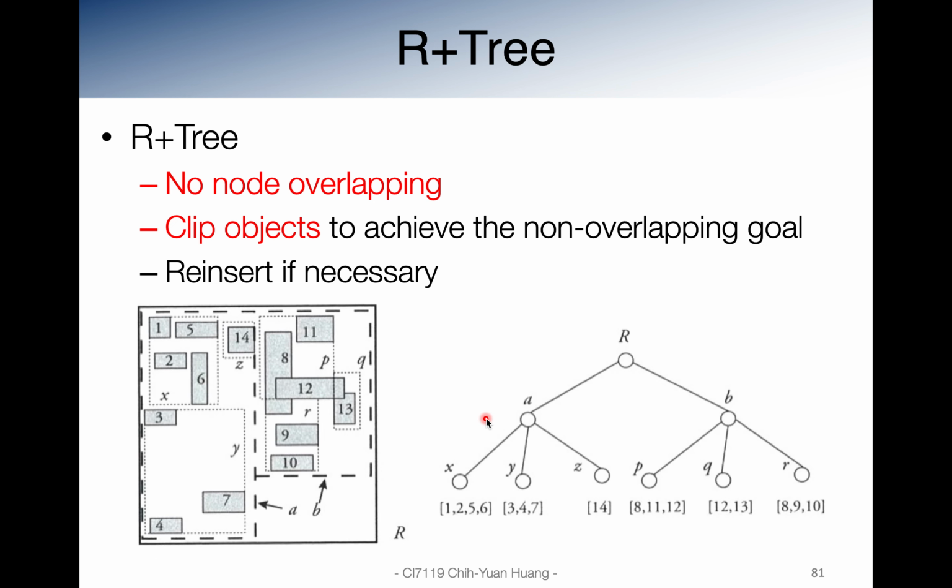Let's move on to the final one that I'm going to introduce in this course, which is the R+ tree. The R+ tree is a very special variant of the R-tree, and you can see the R+ tree as a combination of the data-driven approach and the space-driven approach.